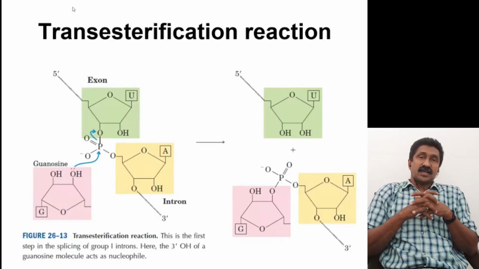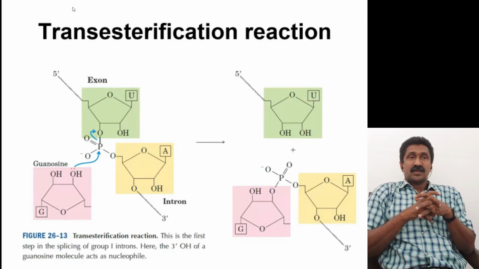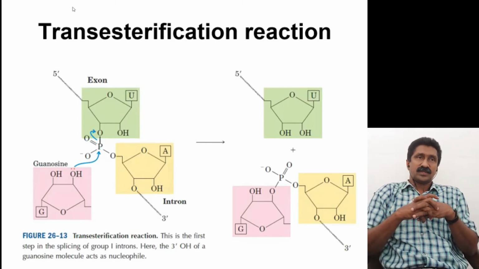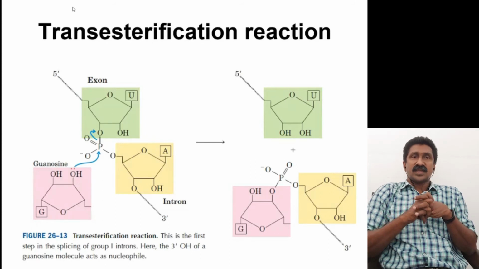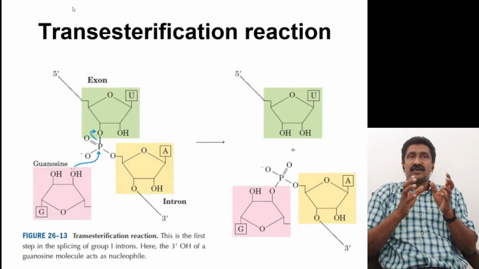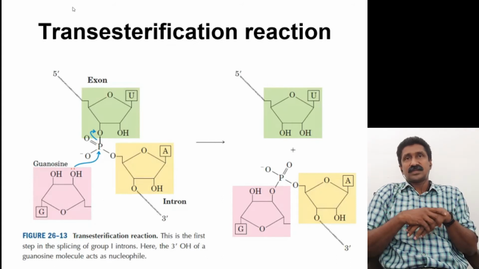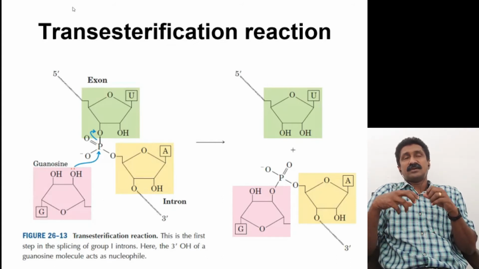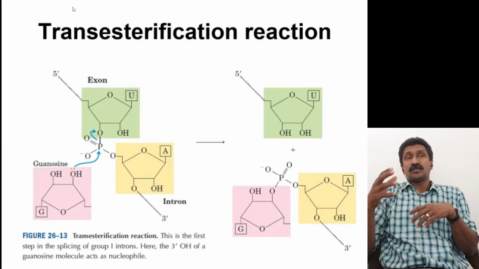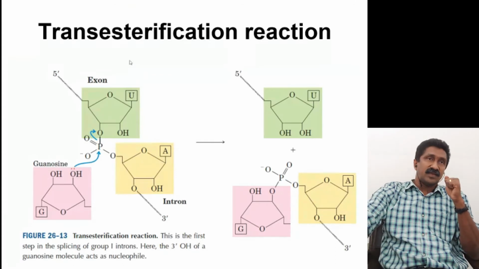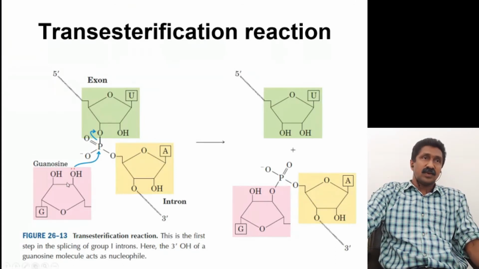Now when we come to the actual splicing process, we need to understand the transesterification reaction. I think you already know that. In the transesterification reaction, we have the phosphate and OH interacting together. So here we have a guanosine.